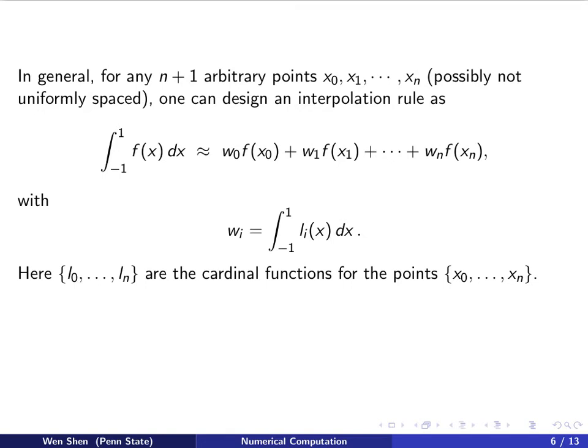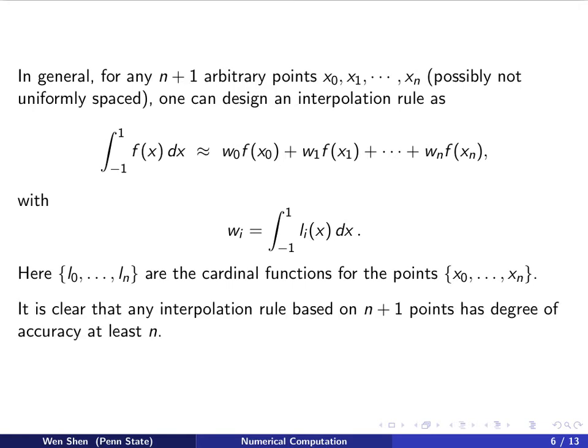If your nodes are not uniformly distributed, you just have to define the cardinal functions accordingly. It is clear that any interpolation rule based on n+1 points will have degree of accuracy at least n. This follows from the fact that if you have a polynomial of degree n and you interpolate it through n+1 unique points, you will get the polynomial back.